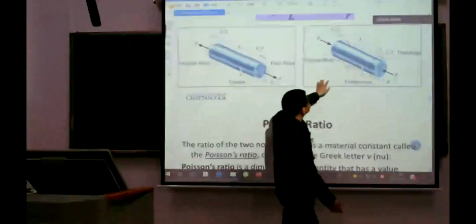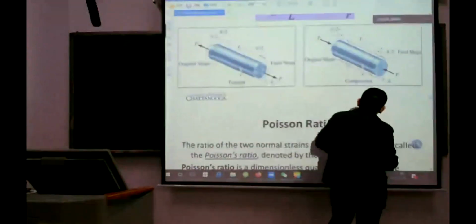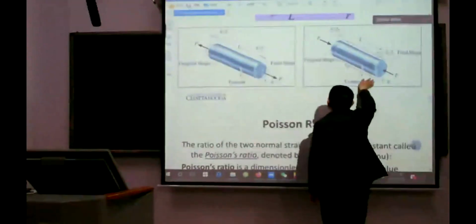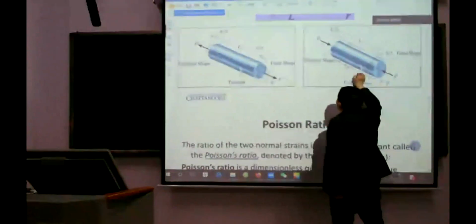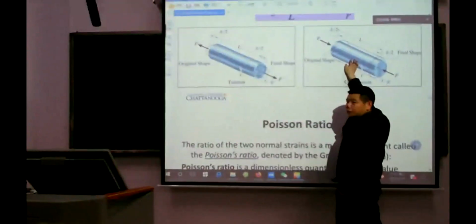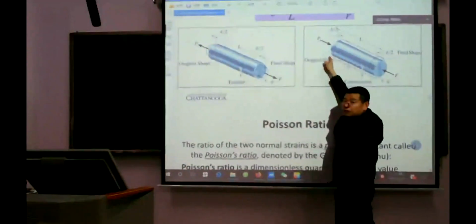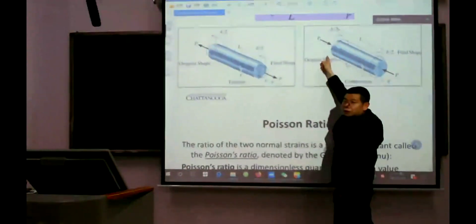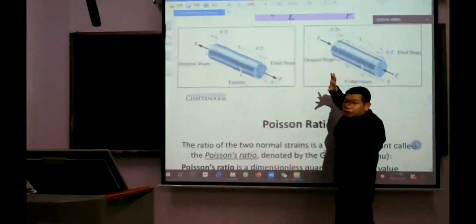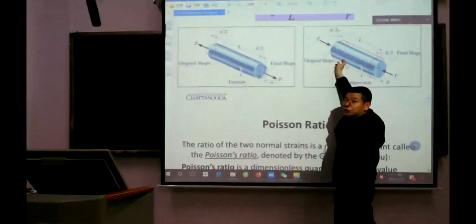This figure shows when the rod is in compression. In this case, in the axial direction, the normal strain is negative.